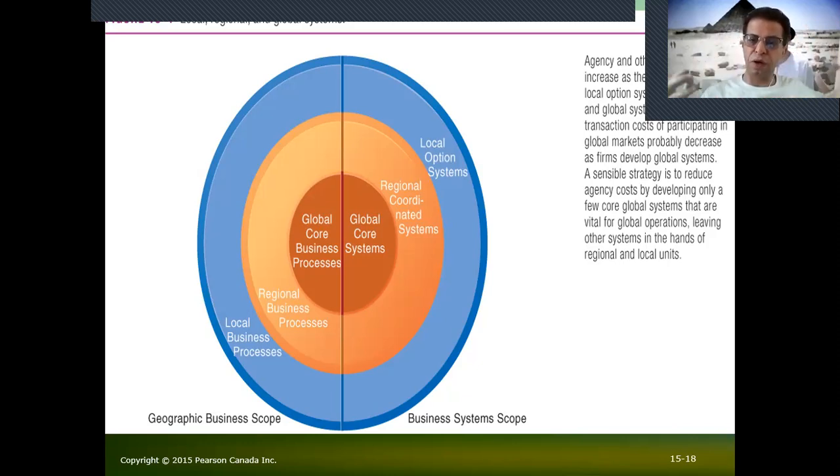And the last part is the local option systems, which are added to local business processes, like the Middle East extension and the IBM HR Access.